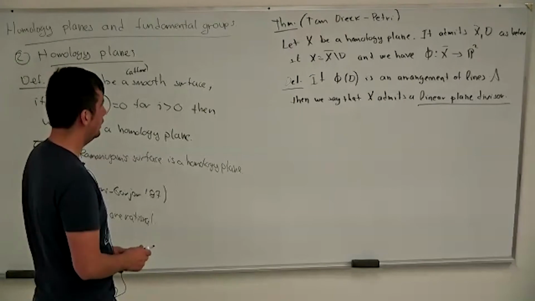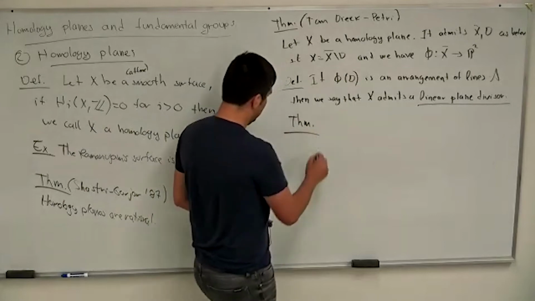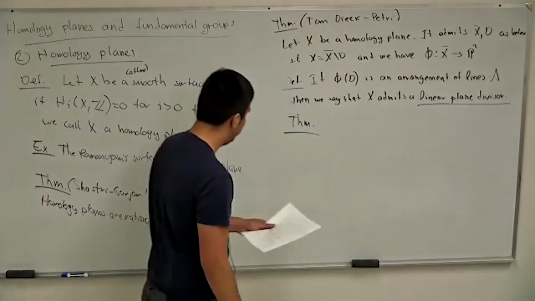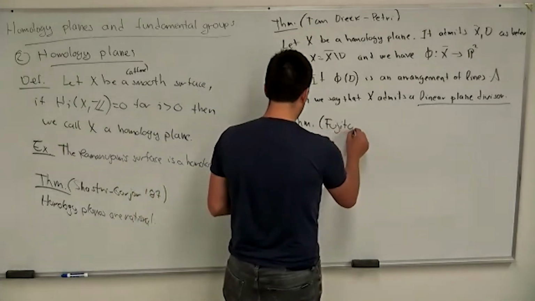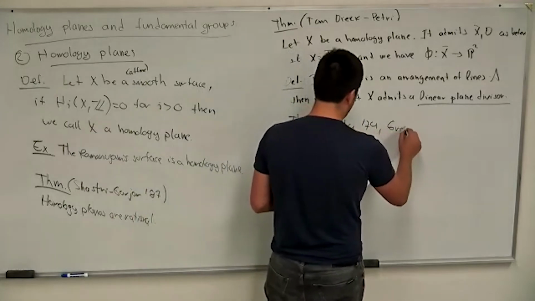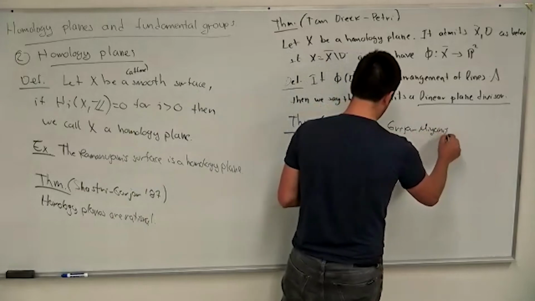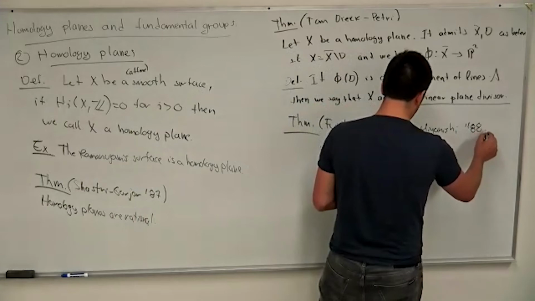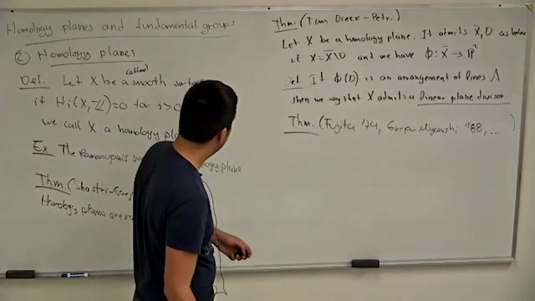Okay, so let me give you the classification of these homology planes, and this is a work of a lot of people, so I will just mention some of them. So this is Fujita, 79, Gurjar and Miyanishi, 88, and Tom, Dick, and Petri, and some people more.